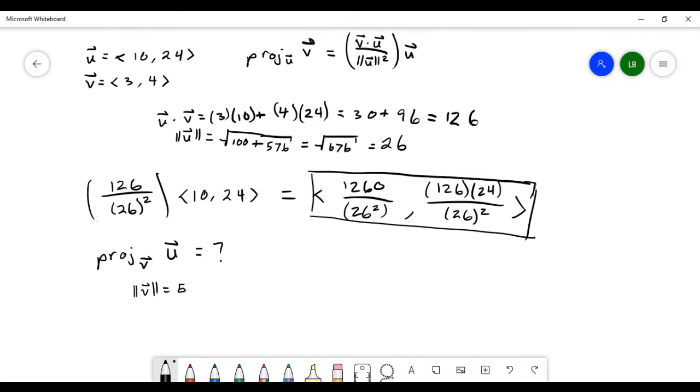So the projection would be v dot u over the magnitude of v squared, times vector v. So we have 126 over 25 times vector v. And like you said, that gives 378 over 25, comma 504 over 25. Exactly right.